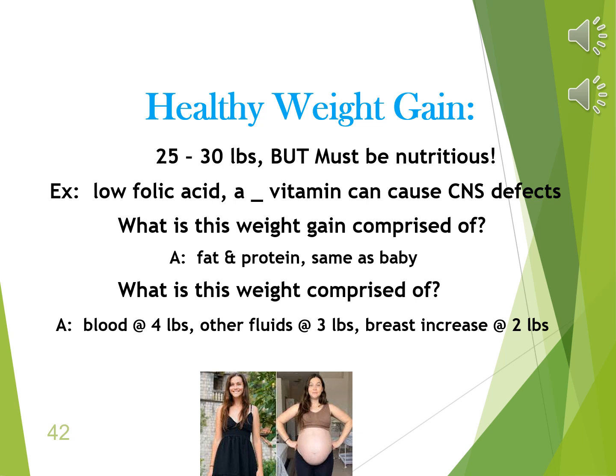If you're curious, you don't need to know it, about 4 pounds though. Other body fluids, and if you're curious, you don't need to know the number, 3 pounds. That would be lymphatic fluids and such. And the breasts, in terms of increase of mammary tissue, about 2 pounds. So you don't need to know the individual weight gains other than, say, the baby, but it might be helpful to know what the weight gain is comprised of.